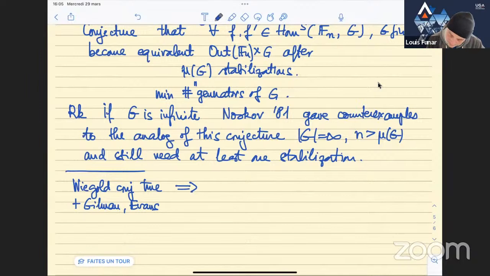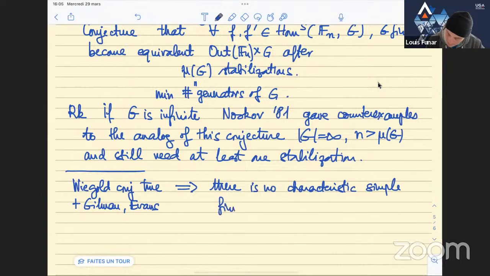That means there is no characteristic simple finite non-abelian quotient.